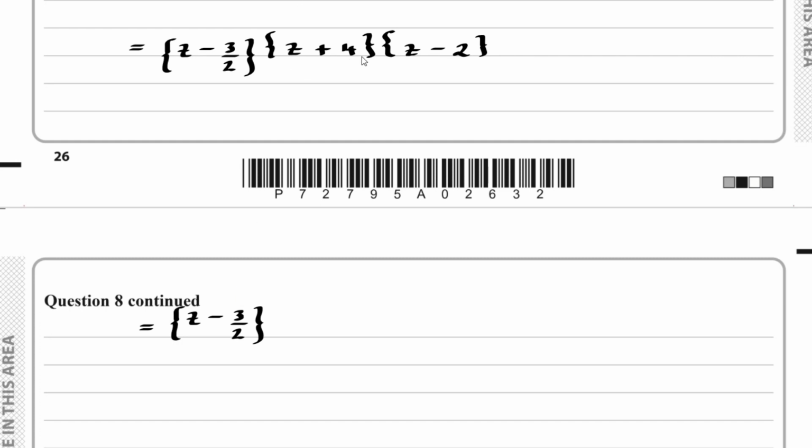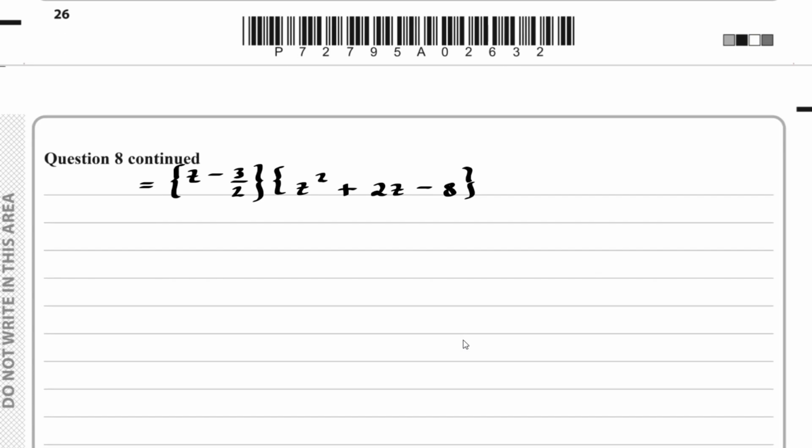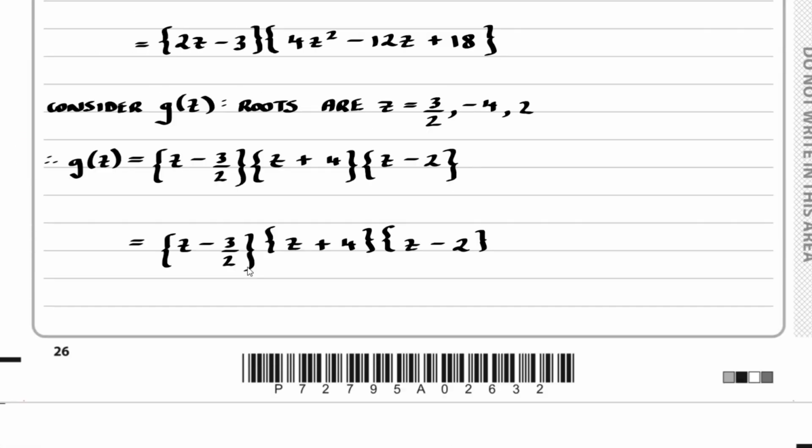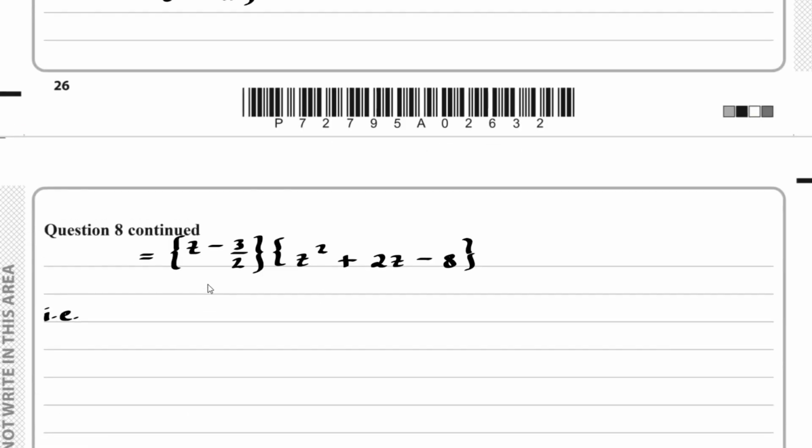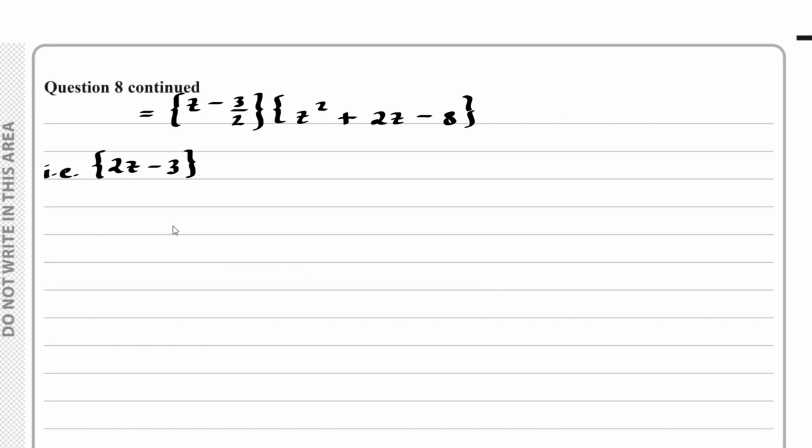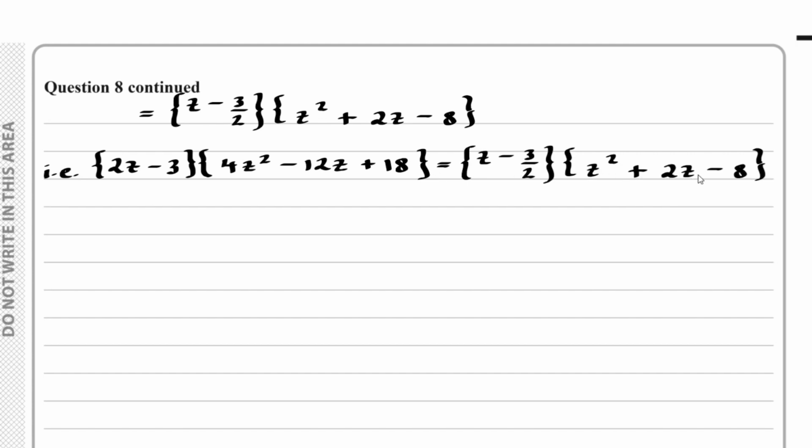And then here z plus 4 multiplied by z minus 2, that's z squared plus 2z minus 8. So in other words, if I set this equal to this, I've got 2z minus 3 multiplied by 4z squared subtract 12z plus 18 equals z minus 3 over 2 multiplied by z squared plus 2z minus 8.